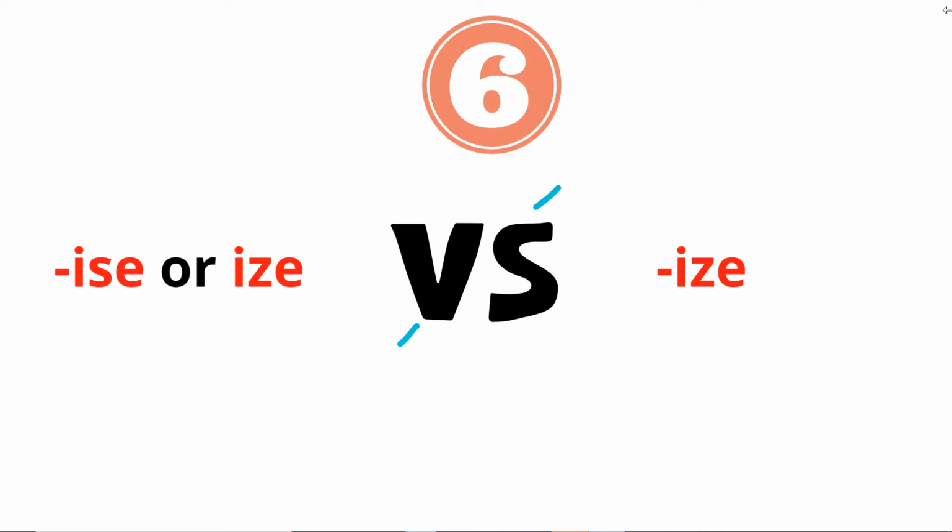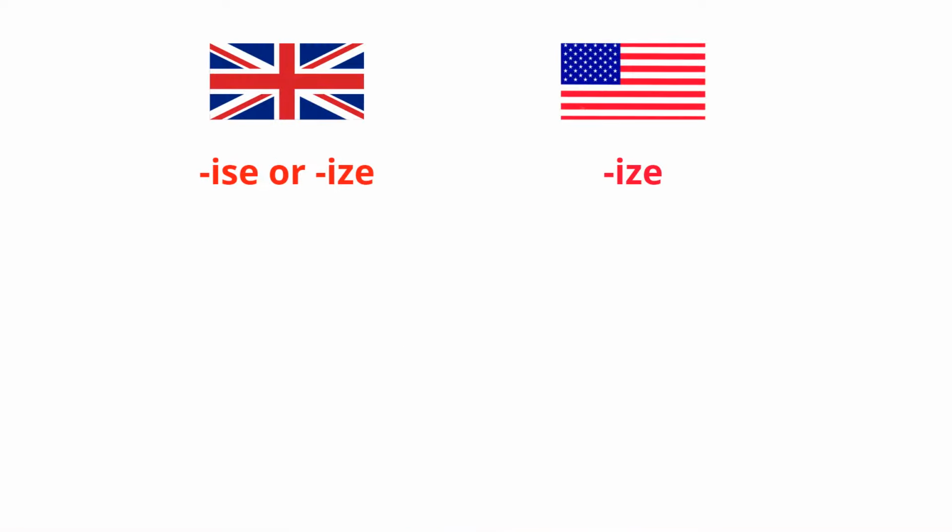Spelling difference number 6. ISE or IZE versus IZE. One of the most famous spelling differences isn't really a difference at all. It's a common misconception that in American English, the word civilize, for example, ends in IZE, which is true, but that British English ends in ISE, which is not true.